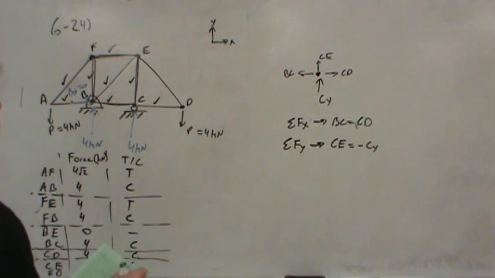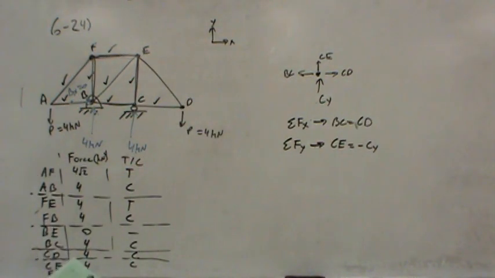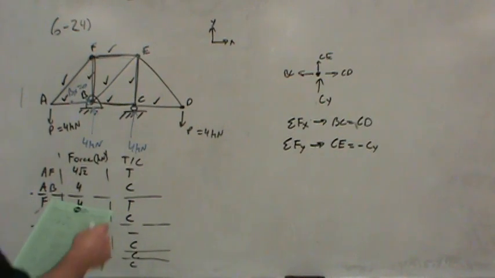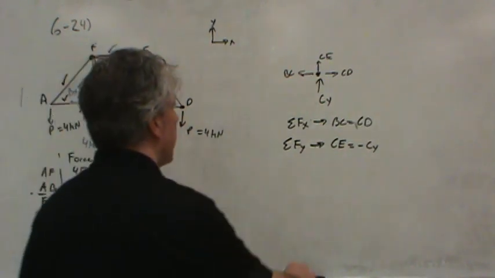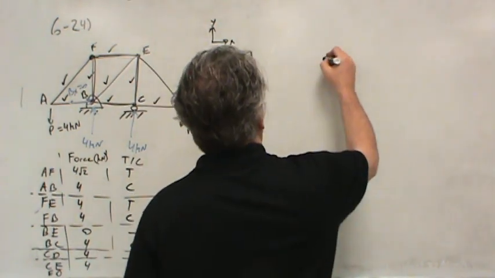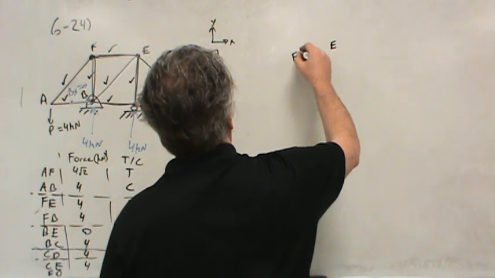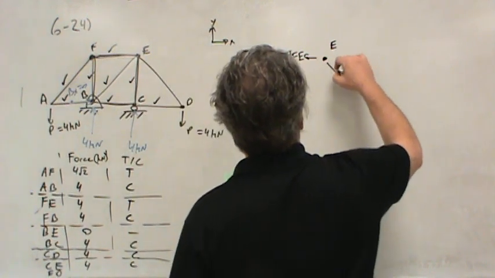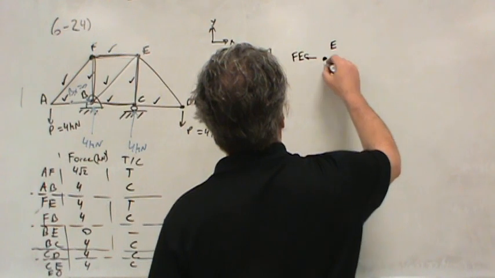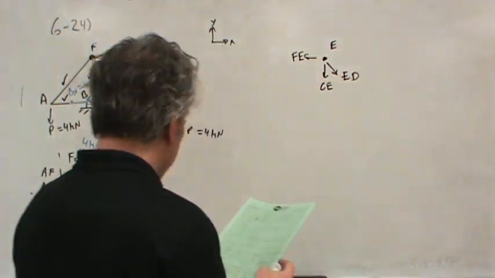Finally, we can move on to either point E or point D in order to solve for the force in ED. I chose to go to point E and use point D as a check. So point E has FE here, ED here, and CE acting downward.